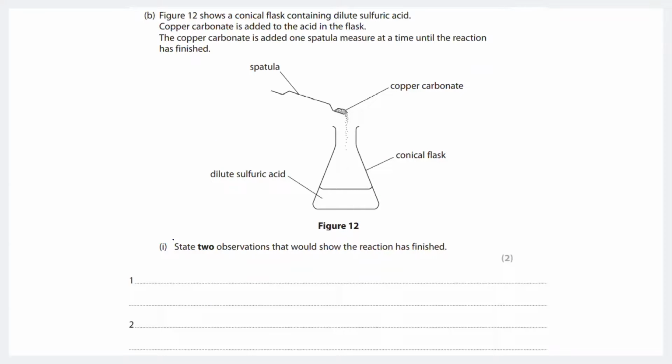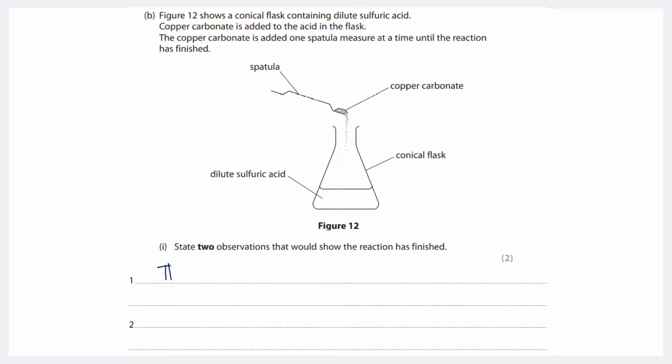Figure 12 shows a conical flask containing dilute sulfuric acid. Copper carbonate is added to the acid in the flask. The copper carbonate is added 1 spatula measure at a time until the reaction is finished. So we've got sulfuric acid and copper carbonate. So copper carbonate is green. State 2 observations that would show the reaction is finished. Okay, so that the reaction is finished, few ways.